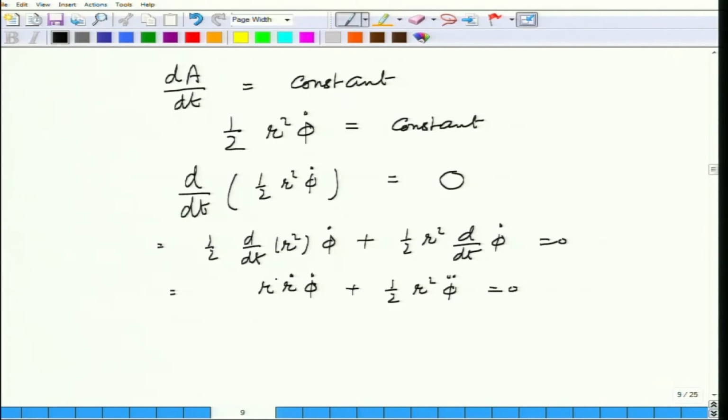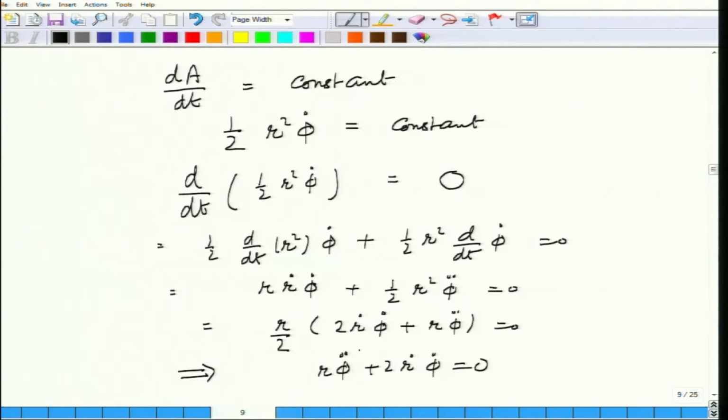If I take r by 2 common, I can write this as 2 r dot phi dot plus r phi double dot is equal to 0, and as long as r is not 0, this immediately implies that r phi double dot plus 2 r dot phi dot is equal to 0.